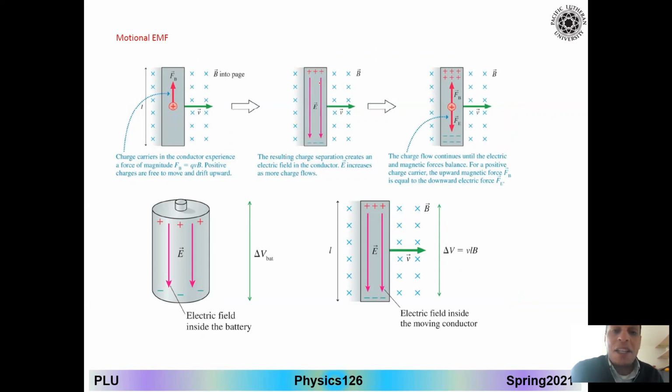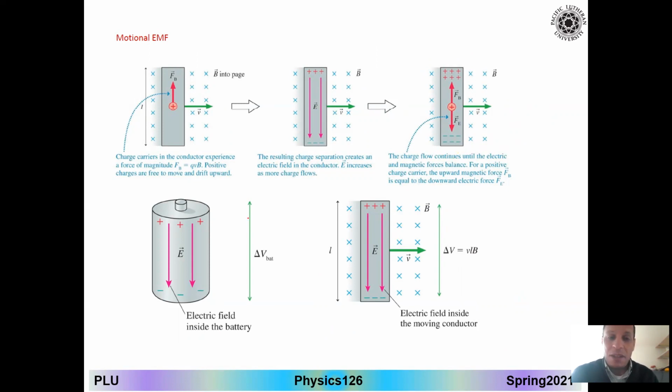From here they create an electric field, and the situation continues until we reach a balance between the positive and negative charges, which we call polarization.